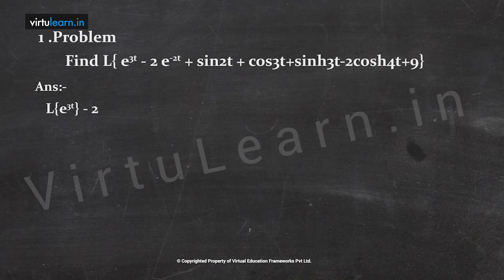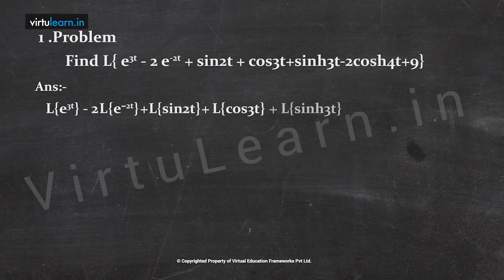Now minus 2 into Laplace transform of e^(-2t) plus Laplace transform of sin 2t plus Laplace transform of cos 3t, Laplace transform of sinh 3t, minus 2 into Laplace transform of cosh 4t plus 9 into Laplace transform of 1. 9 is available, so I am writing it outside the Laplace transform, and the remaining is Laplace transform of 1.